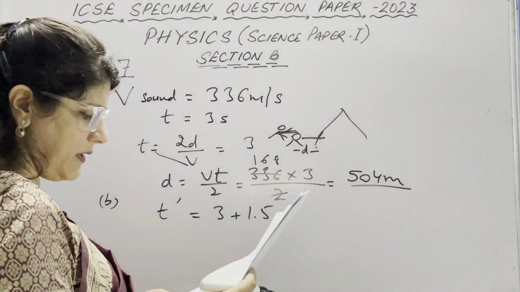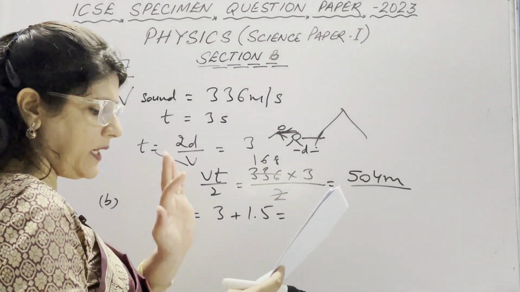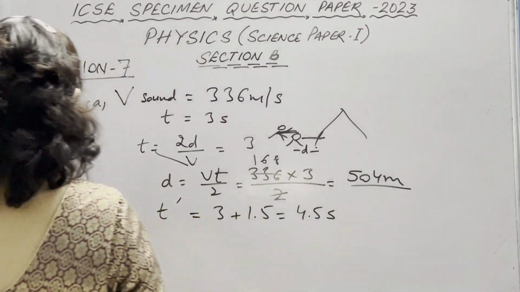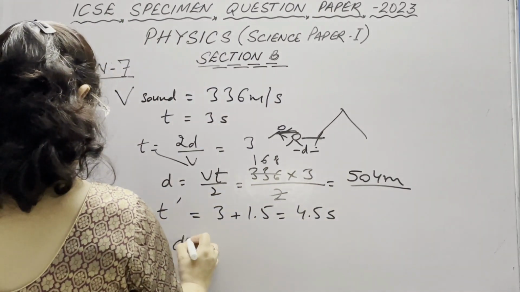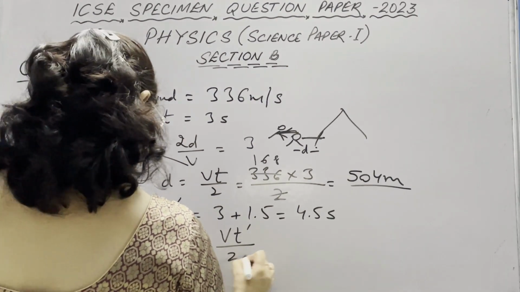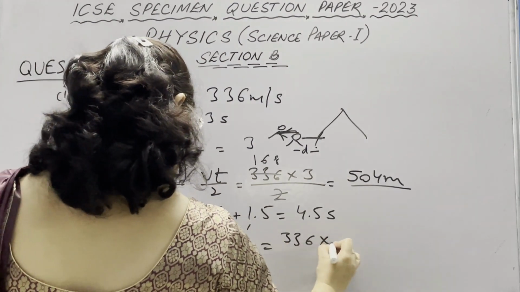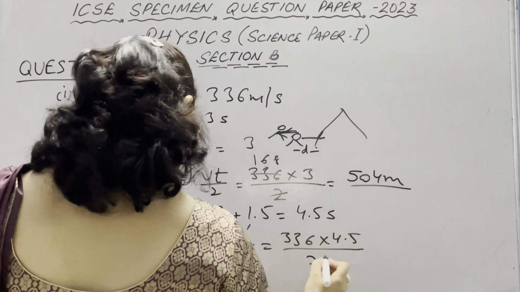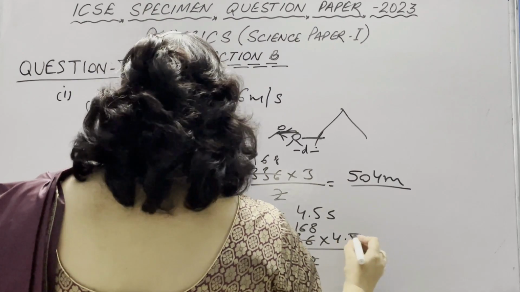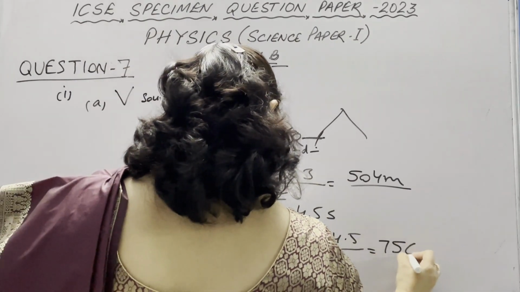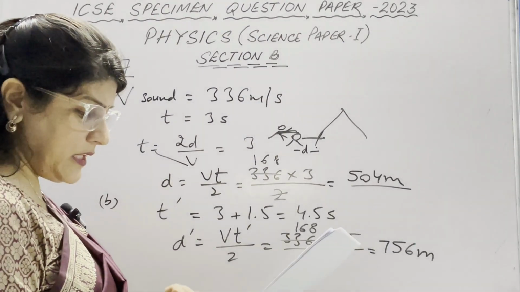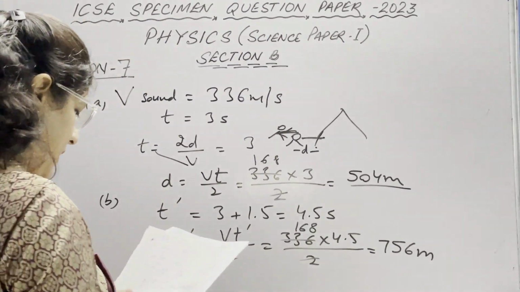Because in the question it is given the echo is heard 1.5 seconds later than the first. So it means 4.5 seconds is the new time. Now new distance is equal to, v remains same, t will change, 336 into 4.5 divided by 2. It means 168 multiplied by 4.5, it means 756 meter. But in the last line they have asked calculate the distance moved by the person.